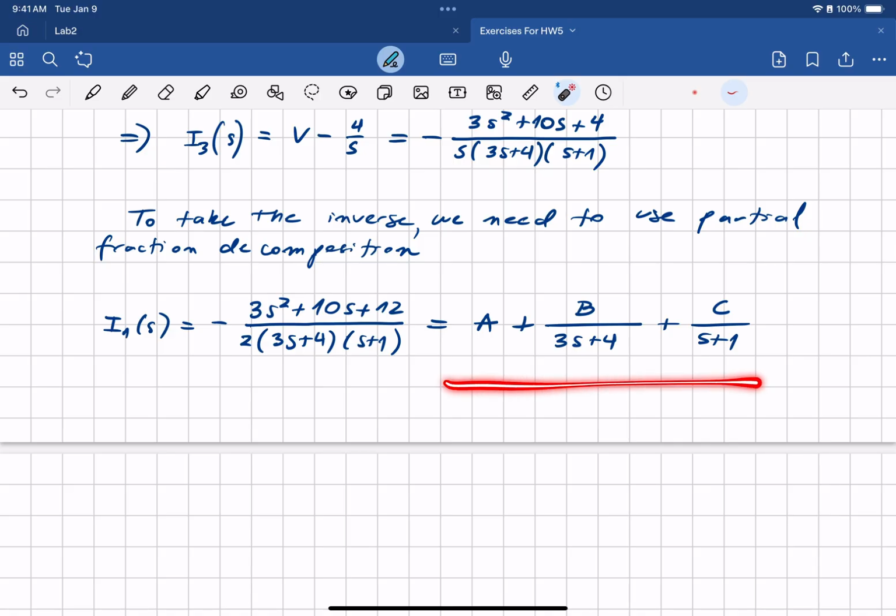So the point of all this is that you can put this together. I'm going to do it like this, right? 3s plus 4. You can combine those things and equal the numerators.